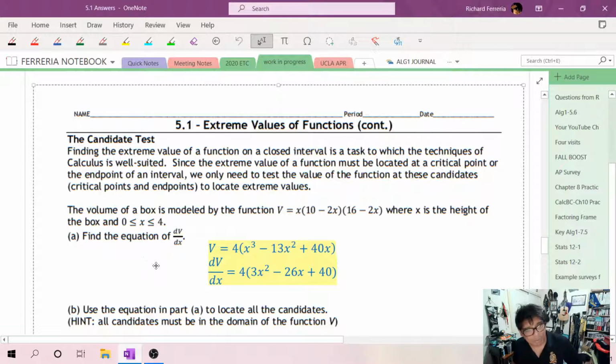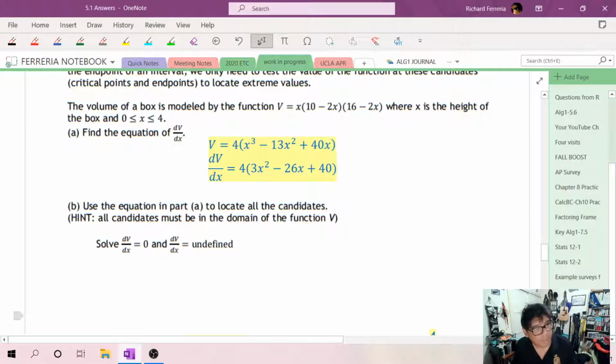Now we're going to keep the 4 on the outside. The derivative of x cubed is 3x squared. The derivative of 13x squared is 26x. And the derivative of 40x is just 40. So we've done it. We have found dV/dx. And that's always the first step to the candidate test.